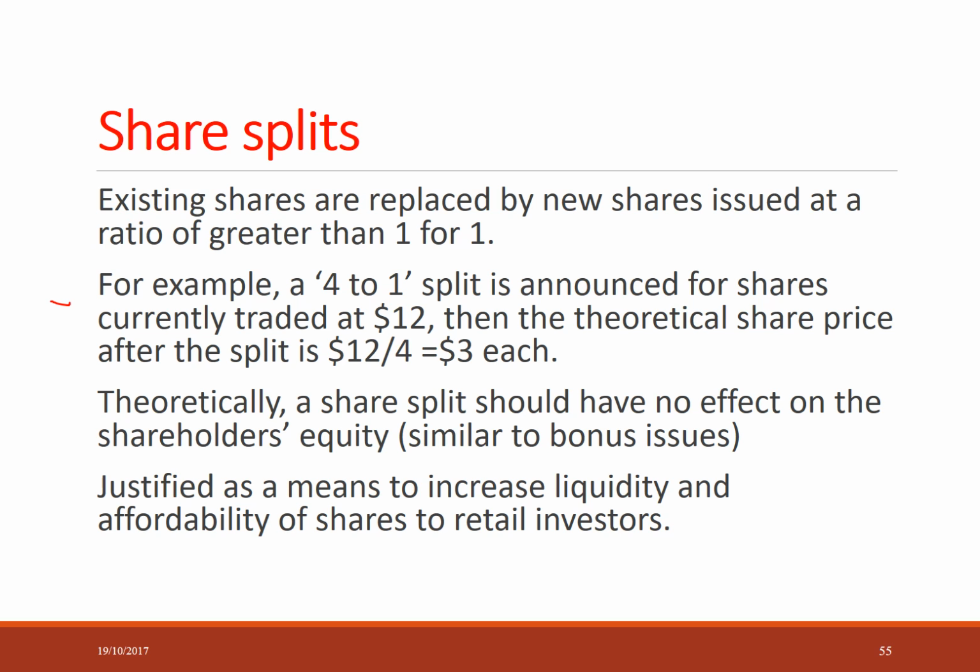So for example, for a 4-to-1 split, if the current share is traded at $12, we want to split a share into 4. So from 1 share now, the investor would be owning 4 shares in the firm, but each share is only worth $3 now. Right? So in total, the value of the share portfolio of each investor should still be the same.